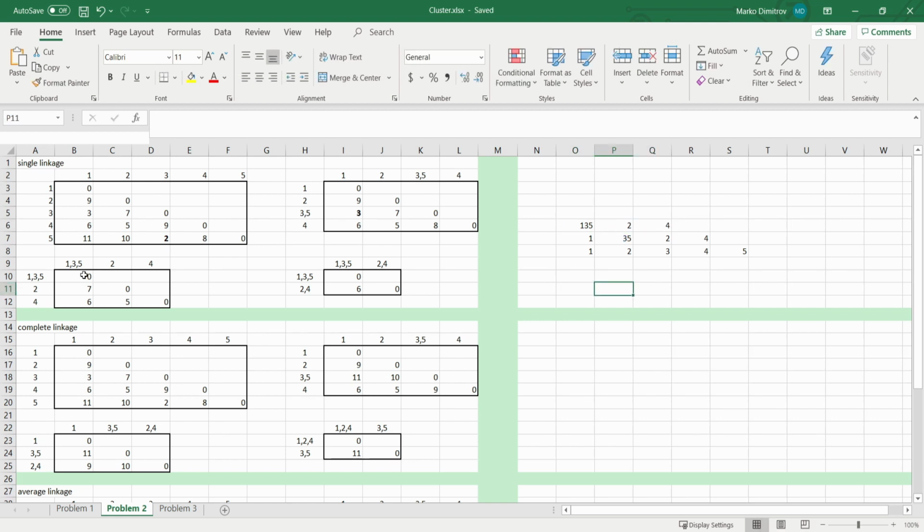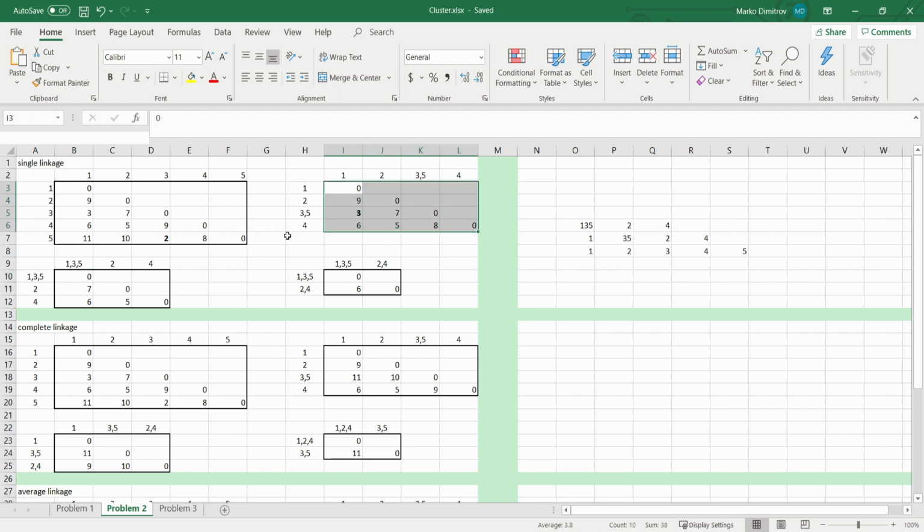We need to create the distance matrix again with our new clusters. We put 0 here, and now we need to find the distance between 2 and 1, 3, 5, the minimum distance. We can either use this matrix, but if you have a lot of these, computers may be overwhelmed or cannot compute this as fast, so you can use those distances as well.